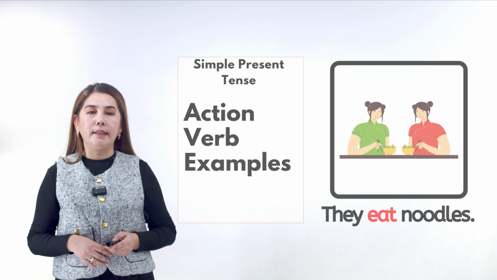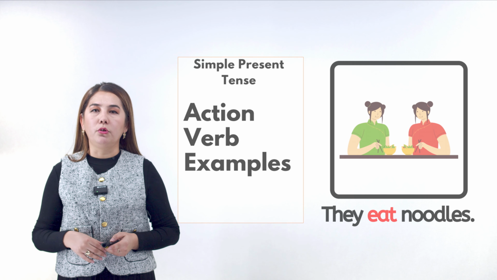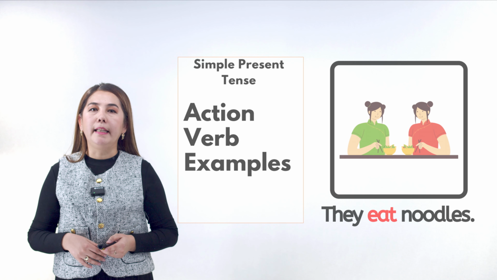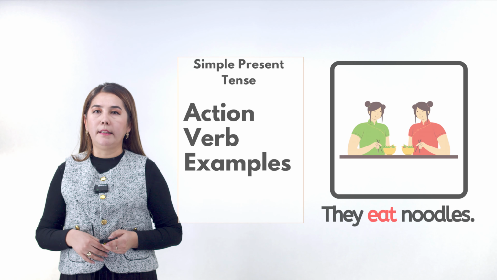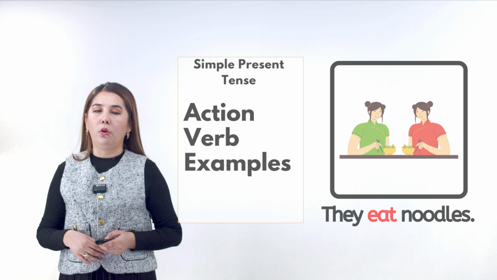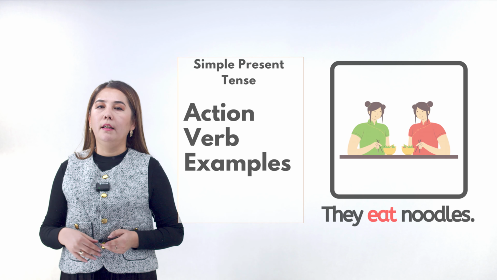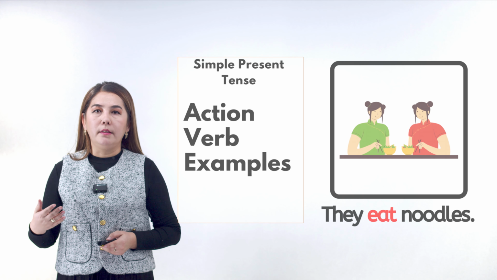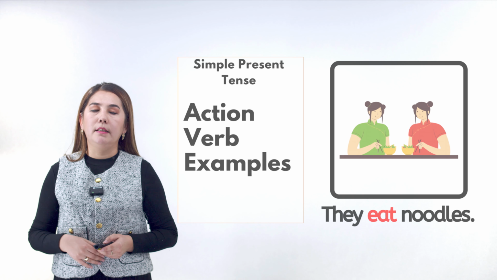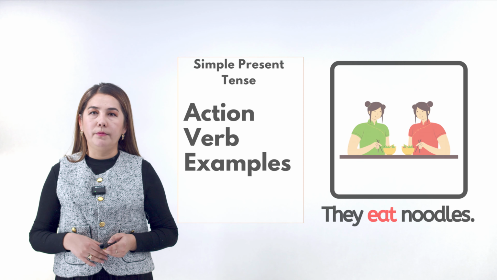As you can see on your monitor, there are two people, and they eat noodles. With eat, we don't have to add any letters after it. So we gave it in red.